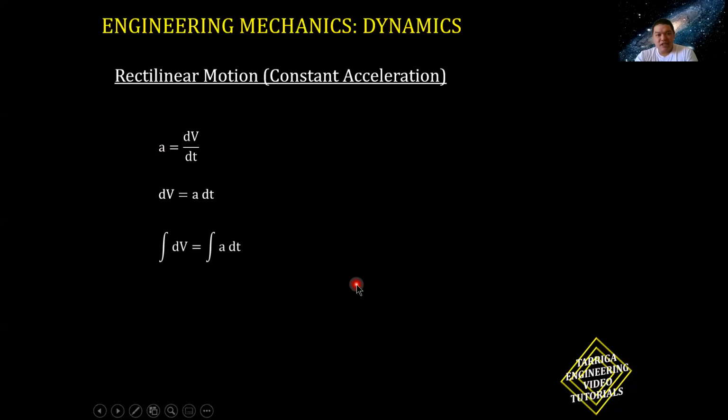Integrating both sides, since it is a differential, supposing the velocity starts from initial velocity and ends at final velocity, this is a definite integral having an upper limit and a lower limit. Usually, when we measure the initial velocity, that would be at time 0.